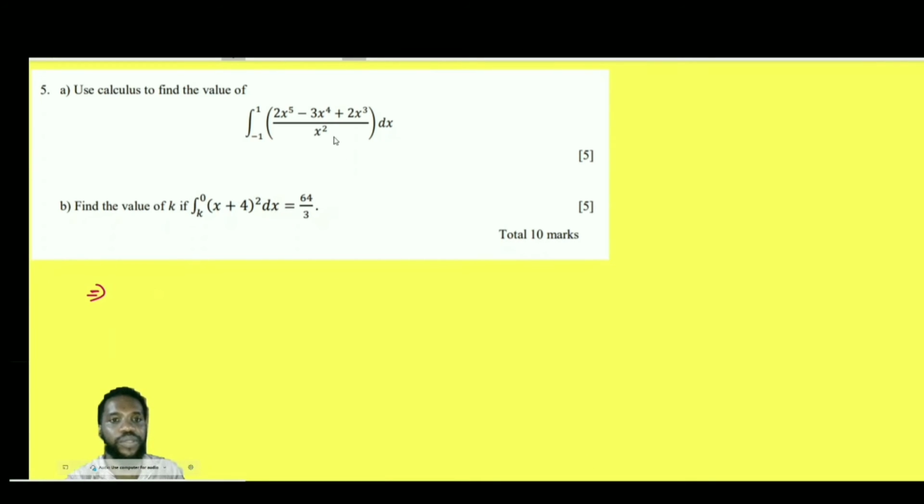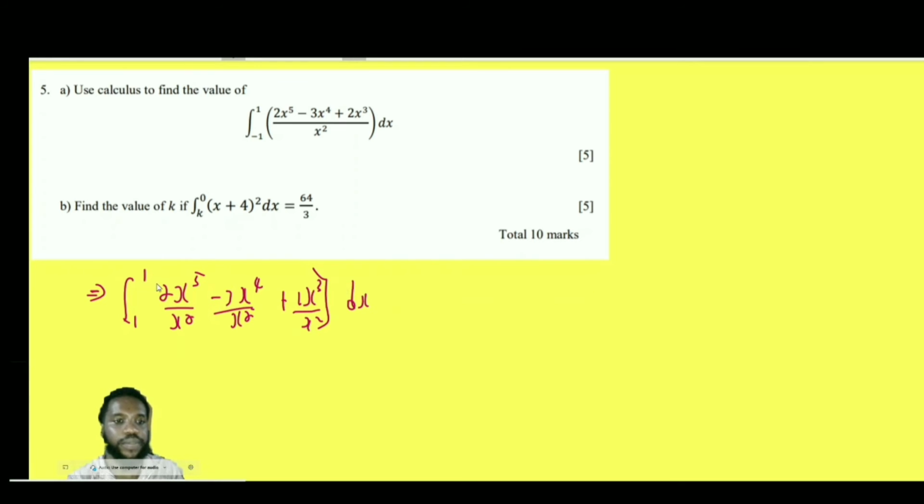Now the first thing I want to do is to start out by simplifying this expression right here. So you know that whenever we have an expression like this, we can actually split it. Let me put -1 here and put 1 here. I can write this as 2x to the 5 over x squared minus 3x to the 4 over x squared plus 2x cubed over x squared dx.